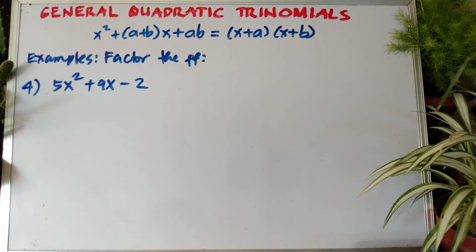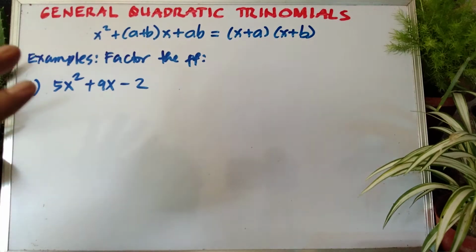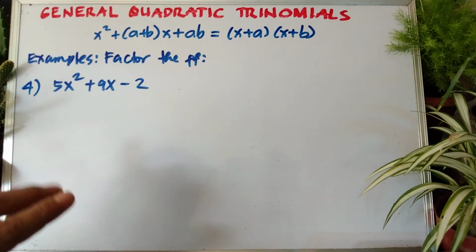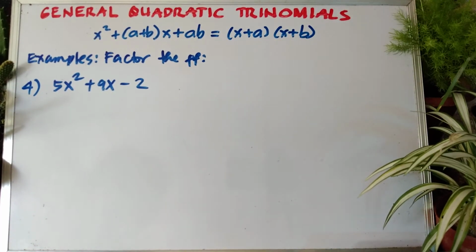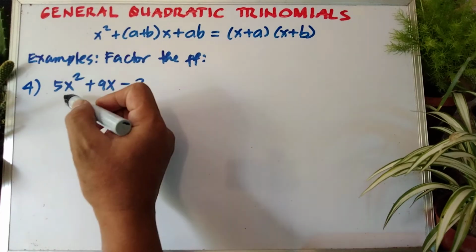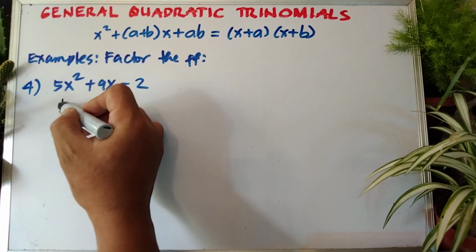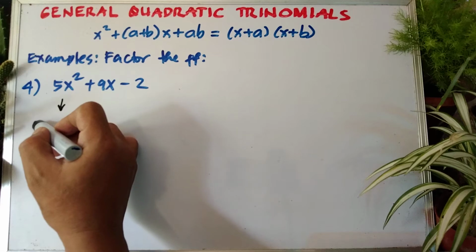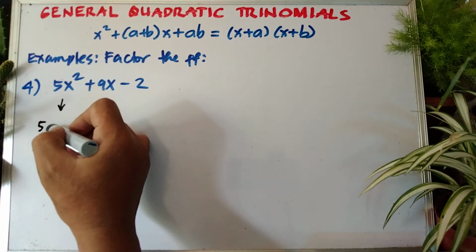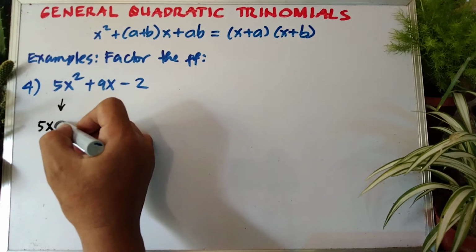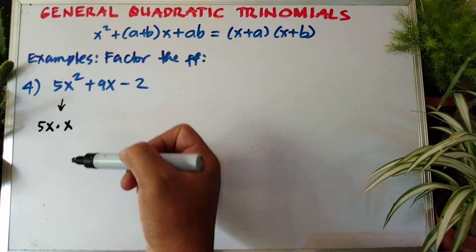Okay. Guys, kung ano man ang ginawa natin sa example 1 to 3, the same here. Okay? Ano nga yung ginawa natin? First, we need to look for the factors of 5x squared. You could have 5x times x, correct?